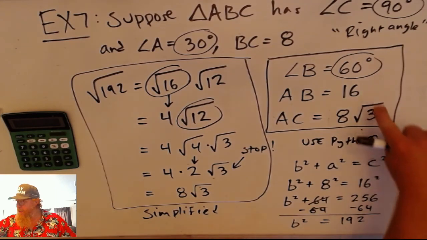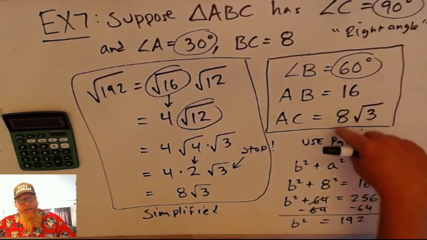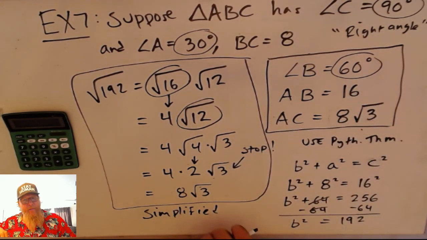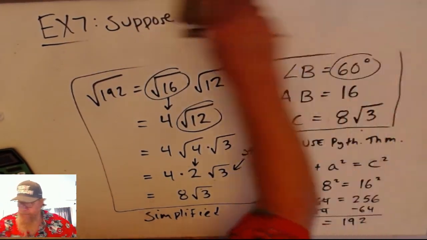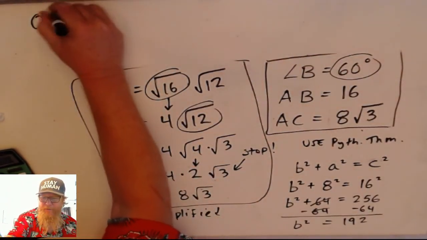You might actually notice another pattern here. All right. This is a 30, 60, 90 triangle. So again, you could memorize this if you like. This is optional.